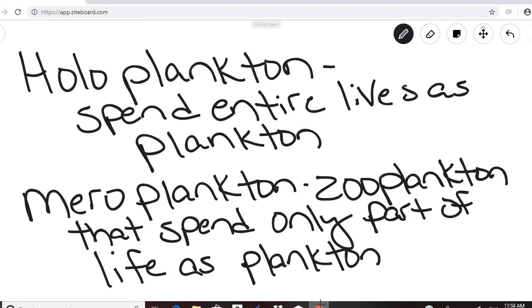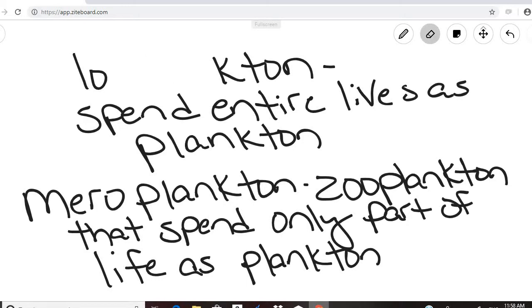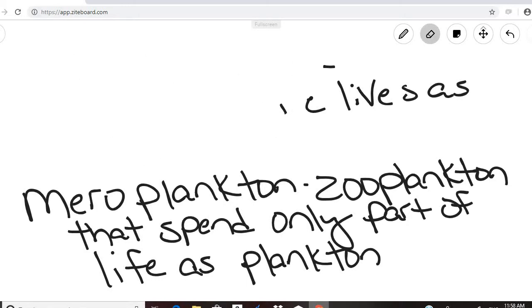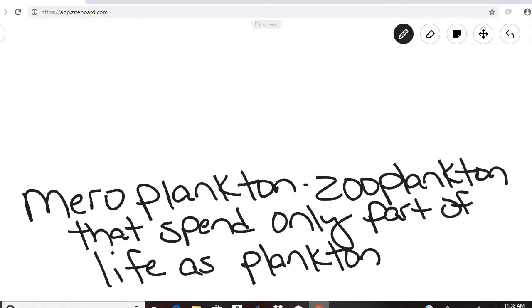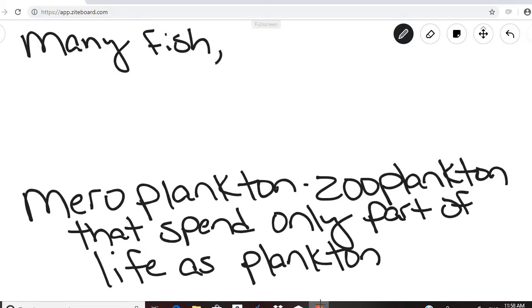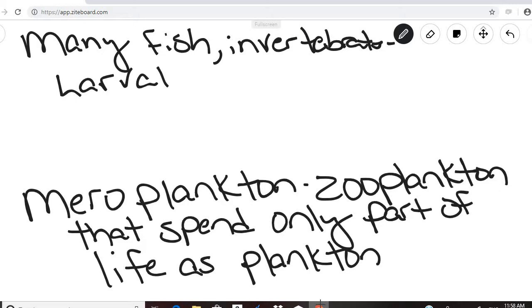So what are some examples of meroplankton? Well, there are many fish and invertebrates that go through a larval phase. So their larval phase would be planktonic.